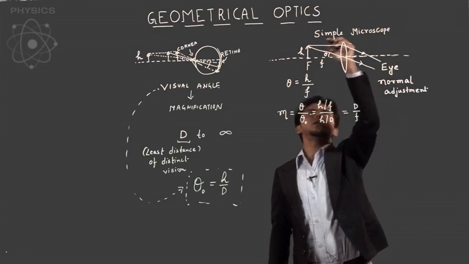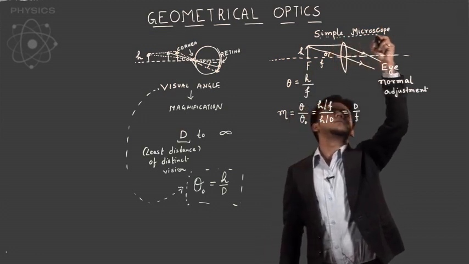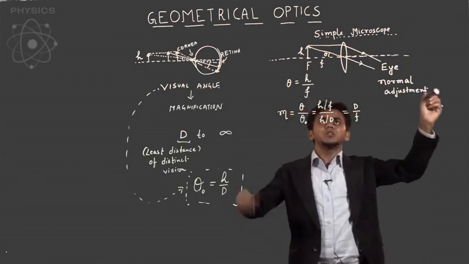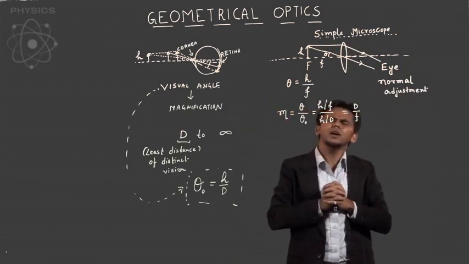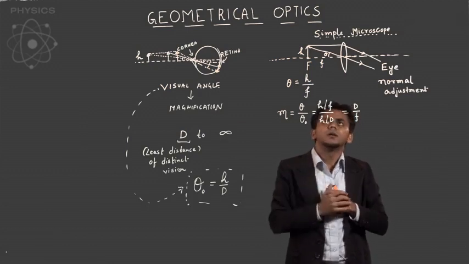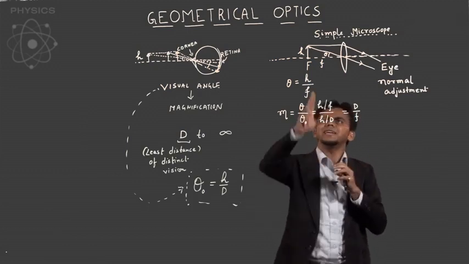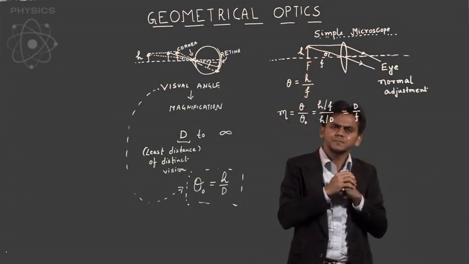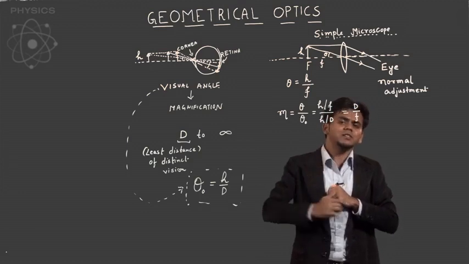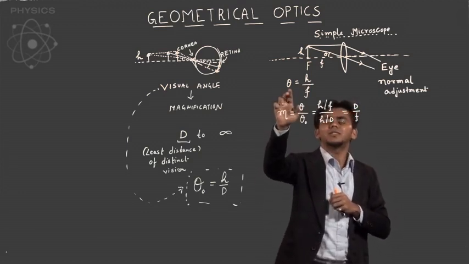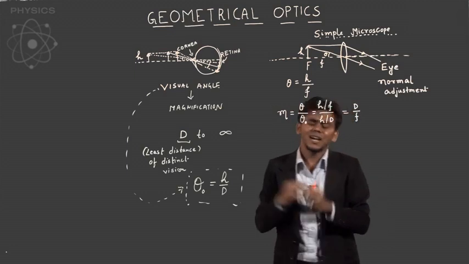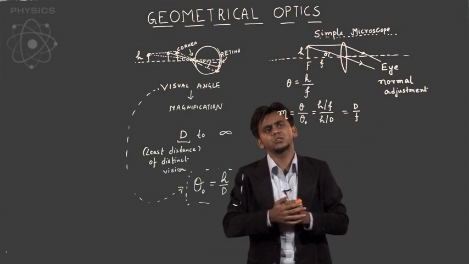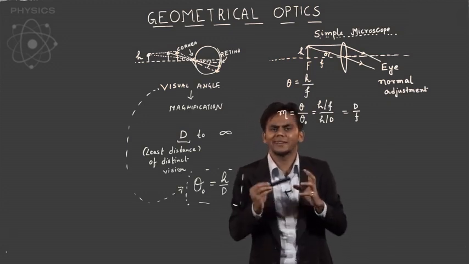Now, this derivation was for normal adjustment. Now, I can also try to bring this object closer. Why would I do that? I would always try to do that because that would increase my visual angle, and that is the task of this instrument, to increase the visual angle, because that would increase the magnification, right?